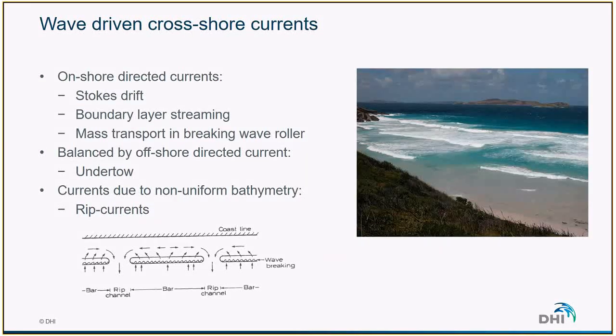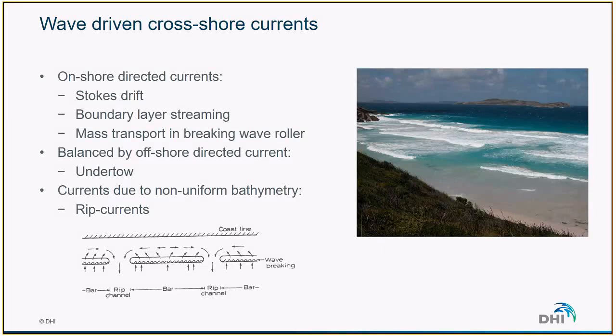The wave boundary layer is a thin layer close to the bed where velocities go from zero at the bed to the outer flow wave-induced velocity. And the non-uniformity of the wave boundary layer generates a mean current, which is directed in the wave propagation direction.